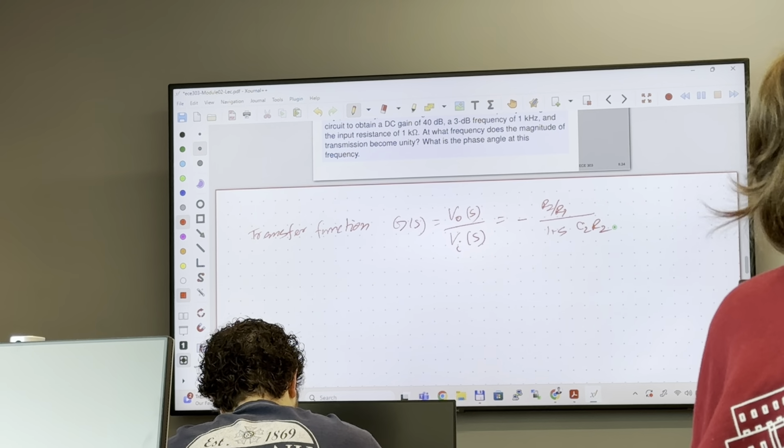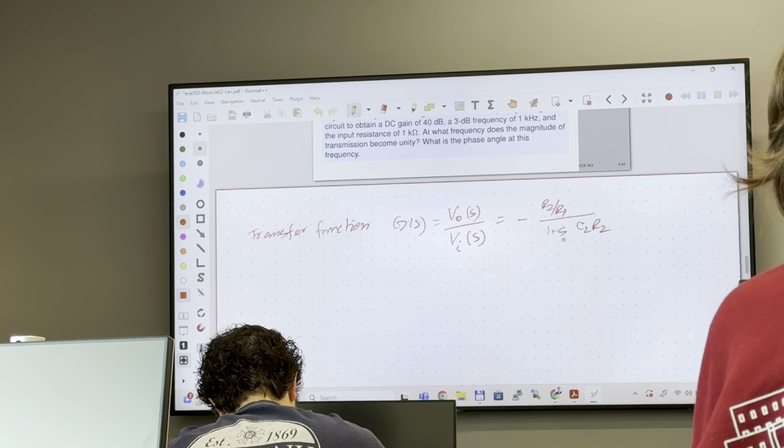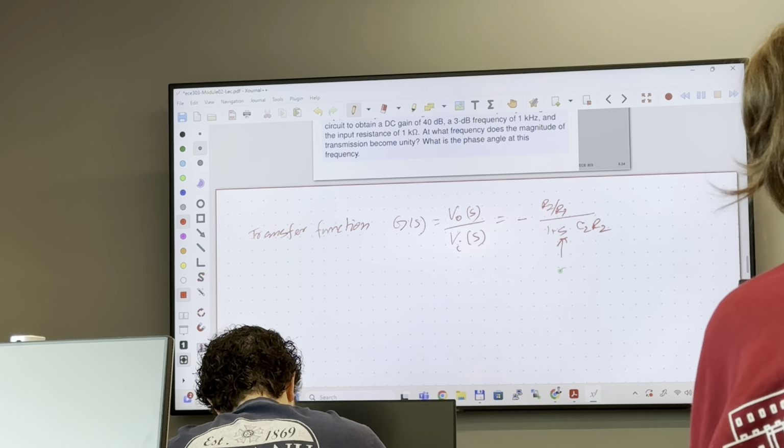This is the transfer function that we found, and S is the complex frequency.